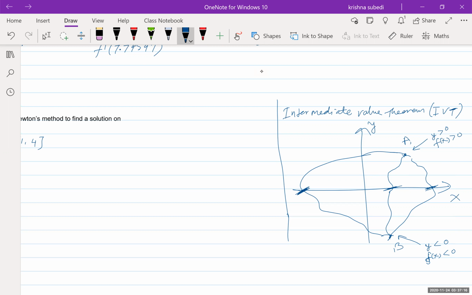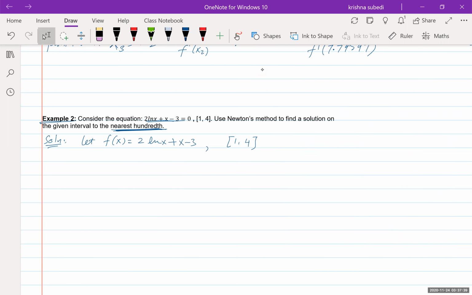So that's the idea. If one f value is positive and another f value is negative, then there must be a root, meaning the function must cross the x-axis. That is called the intermediate value theorem. Yeah, thank you, Q.